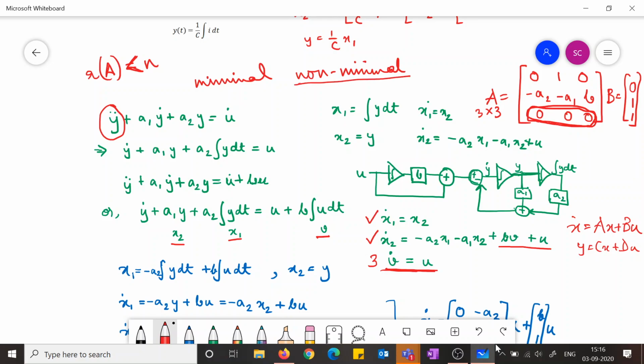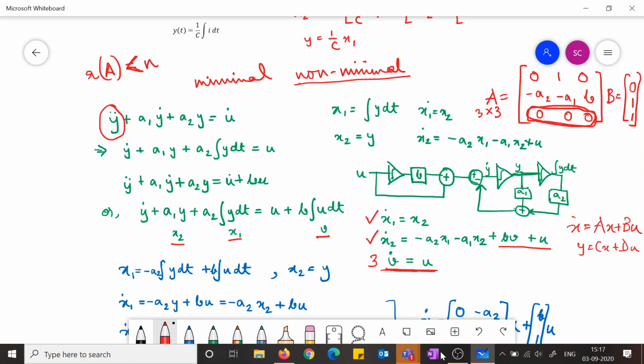What is the meaning of non-minimal? When we find that a state space realization is non-minimal, it means that we have created an extra state which was not at all required to describe the system. So we could have chosen a lesser number of states in order to represent this system.